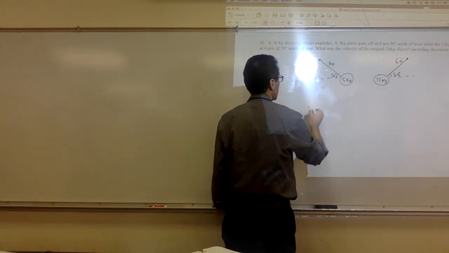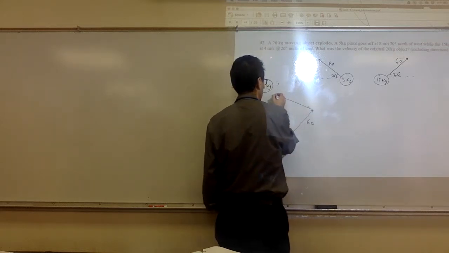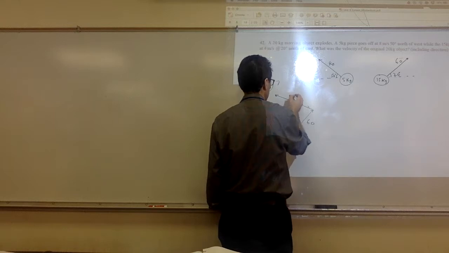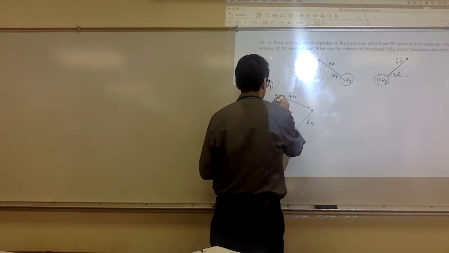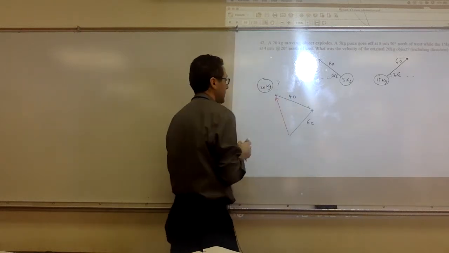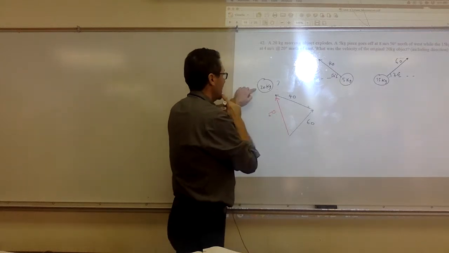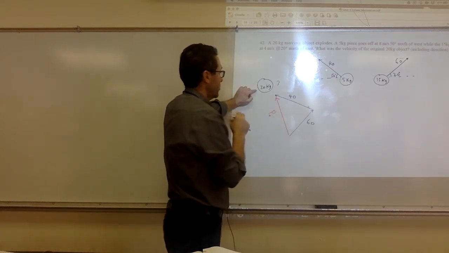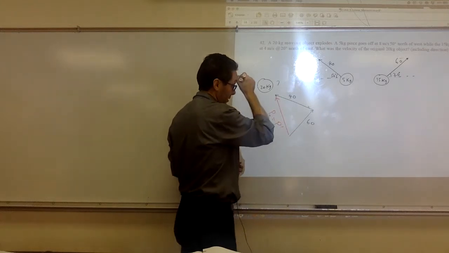So if I start with 60 here, and I just put the 40 here, not drawn to scale obviously, this is the resultant. And this is the initial momentum of the 20 kilogram ball before the explosion, and it's also the final momentum of the combination.